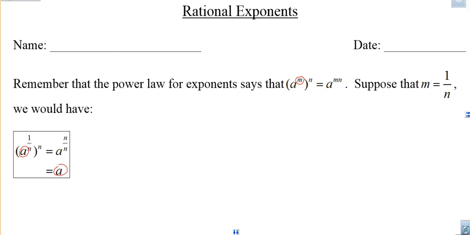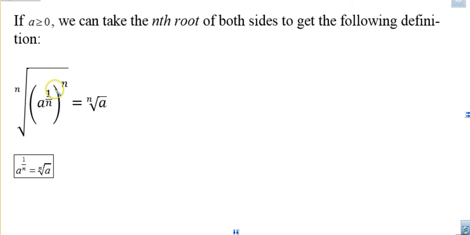Now what that means is I can take that expression, a to the power of 1 over n to the power of n. What I've done here is the nth root on both sides. If we have the square root, that means n is equal to 2. If we have the cube root, that means that n is equal to 3. So nth root is any root that we want.